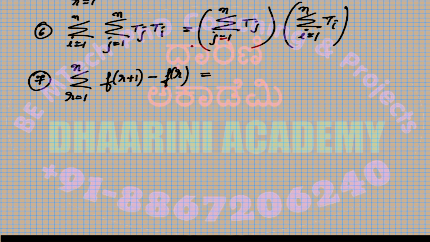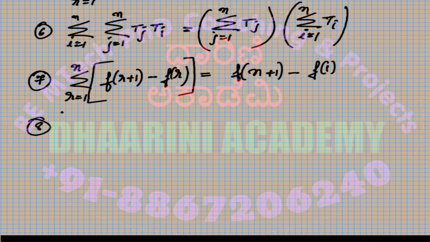So that will be f of n plus 1 minus f of 1. Okay, that's the first one. Point number 7.